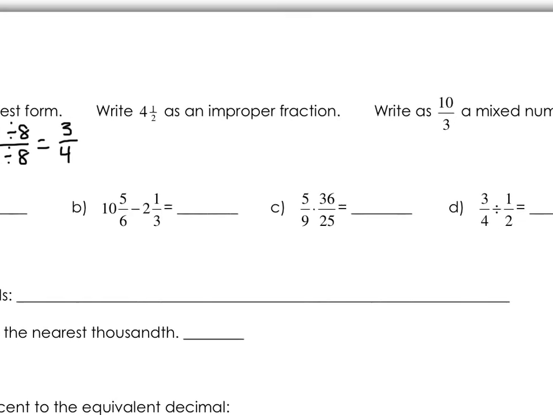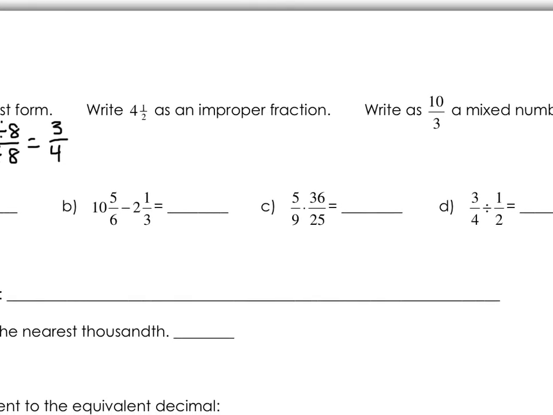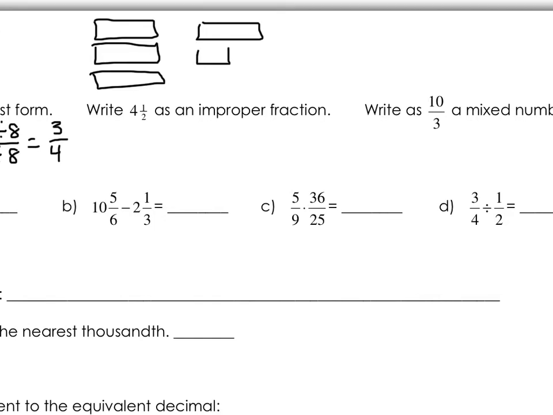Let's write 4 1/2 as an improper fraction. I want to look at a drawing of 4 1/2. 4 1/2 can be thought of as 4 whole numbers. That's 4. And then we have a half, so that's 4 1/2.